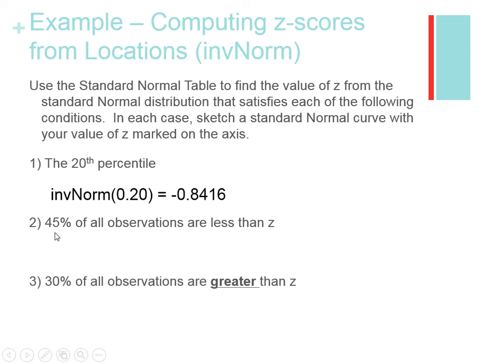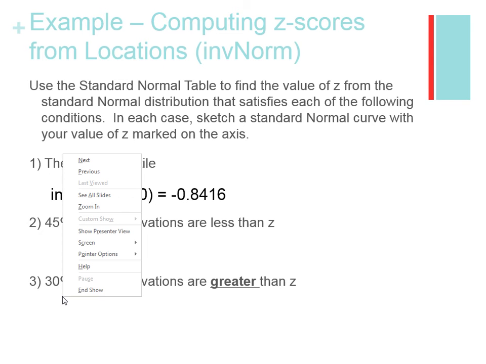So question number 2 says 45% of all observations are less than z. So I want to know what would be the z-score for a data value where 45% of the data values fall below that value. Essentially I'm asking what would be the z-score for the 45th percentile.